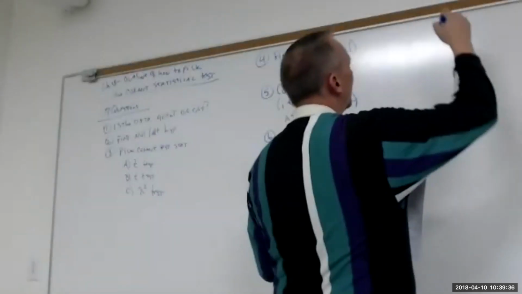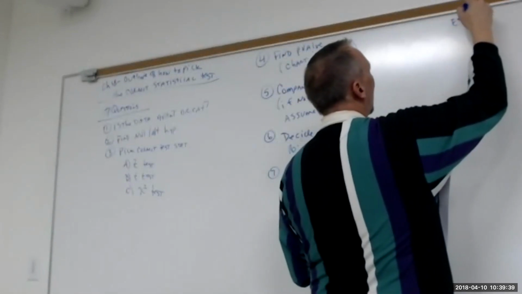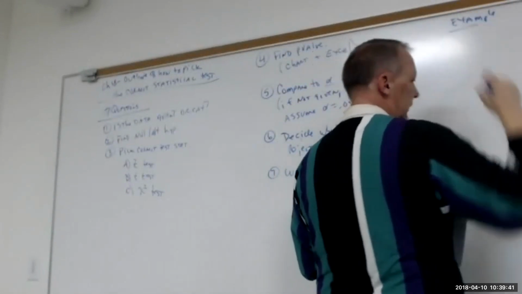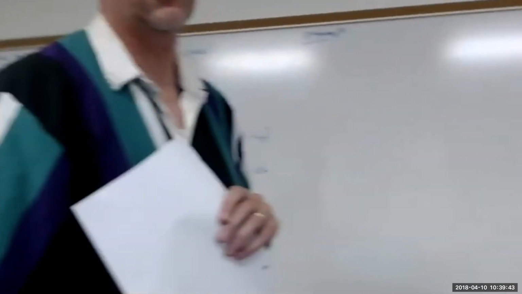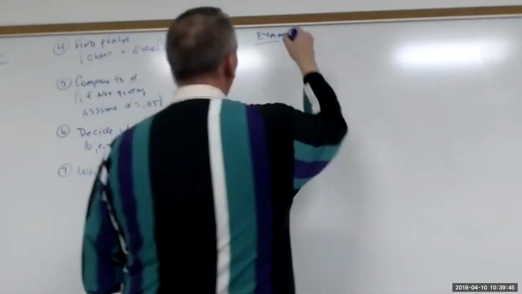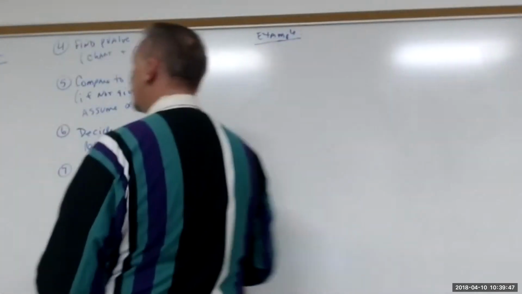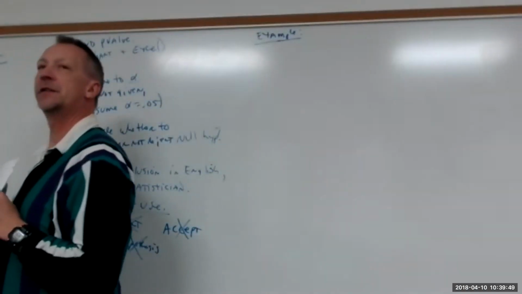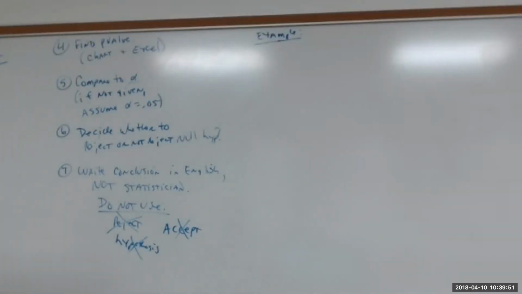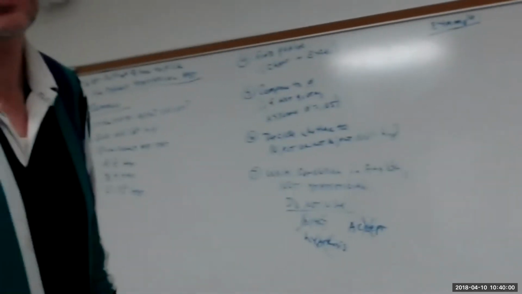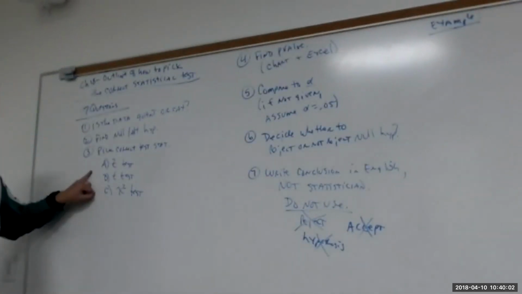We're going to focus on one type of test, so it'll be one of these tests here. I don't want to give away the answer yet. Hopefully when we get to step number 3, by the way, let me just back up here. Step number 3 is probably the hardest step for students.